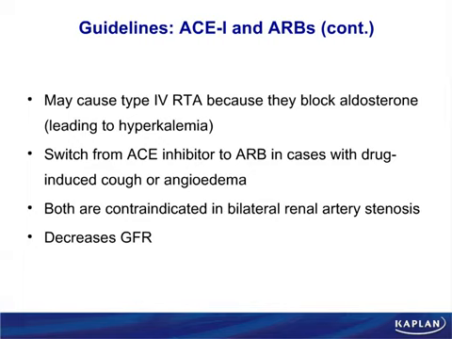So this is a classic exam question I'd like to ask you. If you give a patient an ACE inhibitor or an ARB, and they have a rapid decrease in GFR, the answer is they have bilateral renal artery stenosis. In patients with bilateral renal artery stenosis, because both arteries are stenosed, they have decreased renal perfusion, decreased renal blood flow, and both kidneys have a decrease in GFR.